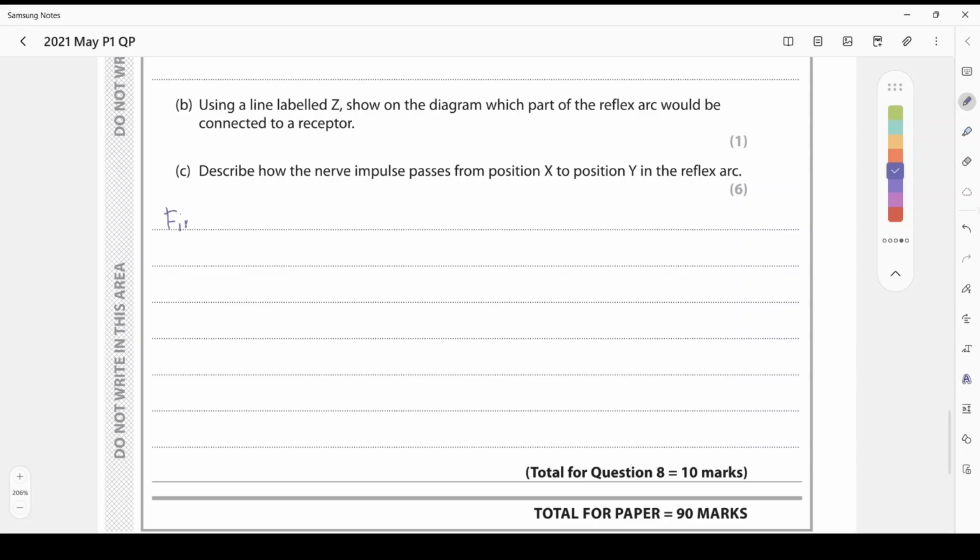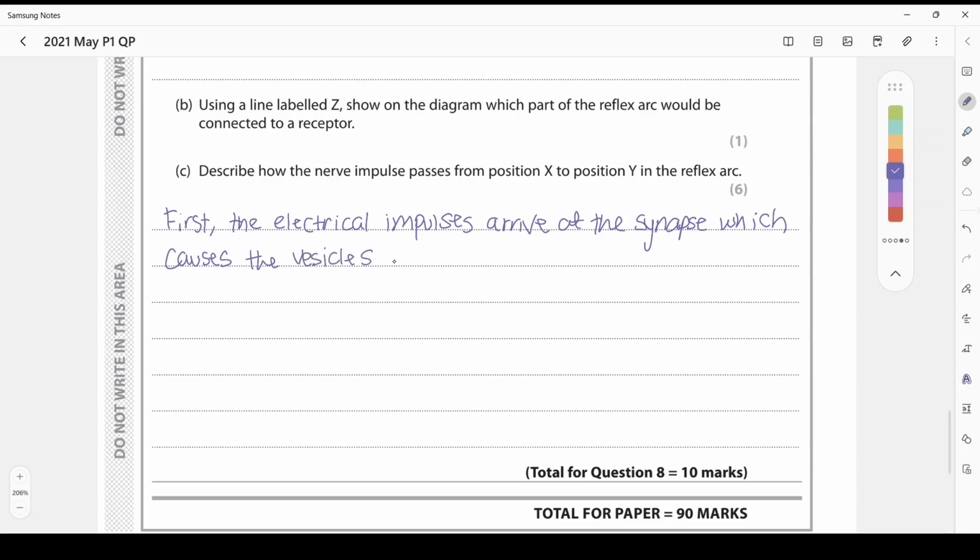So first, the electrical impulses arrive at the synapse, which causes the vesicles containing neurotransmitters to be released into the synaptic cleft.